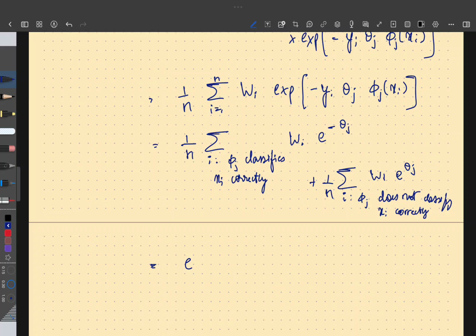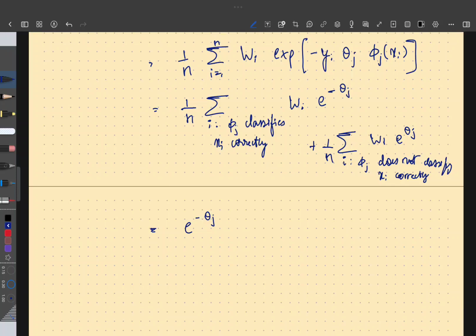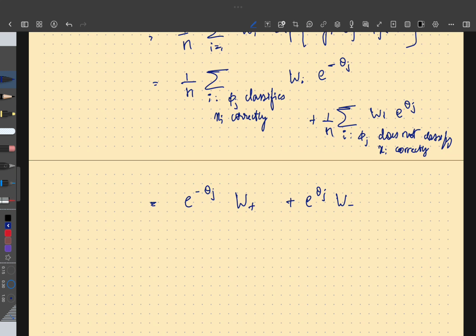So this is e to the power minus theta j times, let me call this w plus, plus e to the power theta j times w minus, where w plus is basically this particular quantity and w minus is basically this particular quantity.